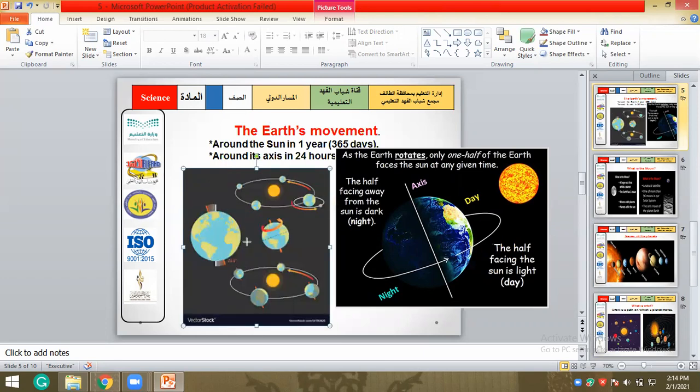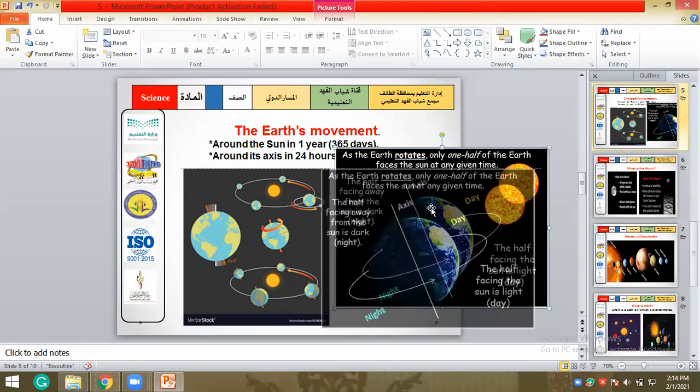One movement is around the sun. The other is it's moving around its axis, like a ball. It's moving around its axis and also around the sun. So there are two kinds of movements of the Earth.